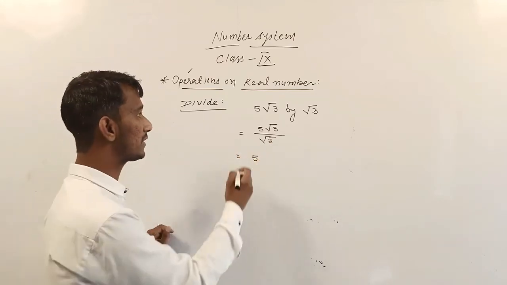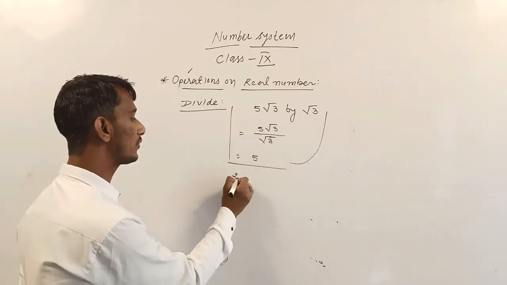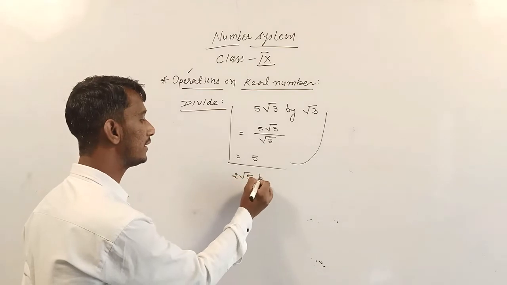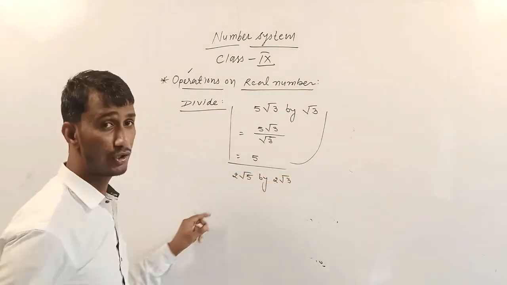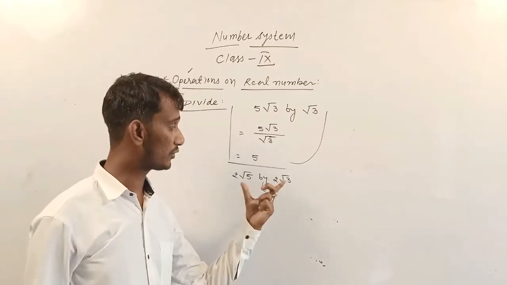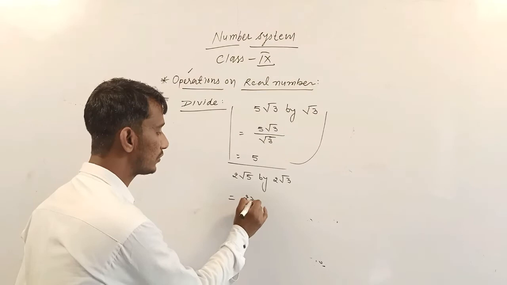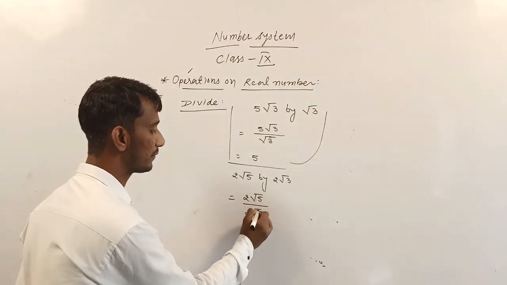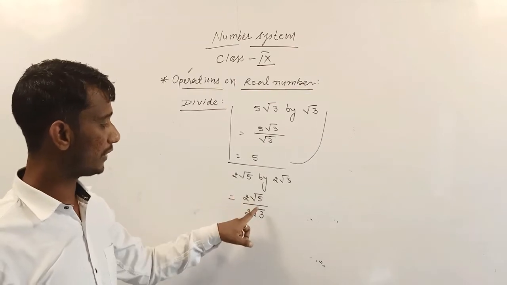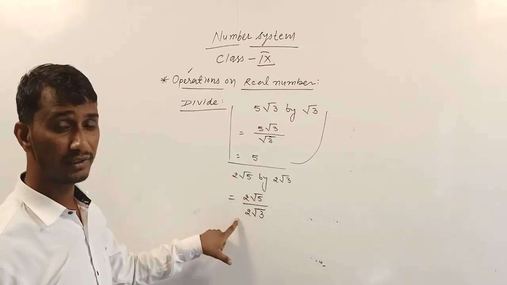Okay, different means, next look here, 2 root 5 divided by 2 root 3. So what is the quotient? So start now, 2 root 5 upon 2 root 3. Now here the rational number is 2 and the other rational number is 2.